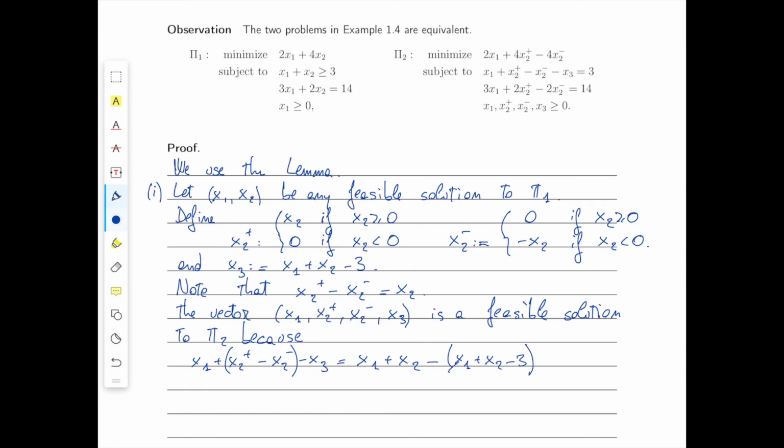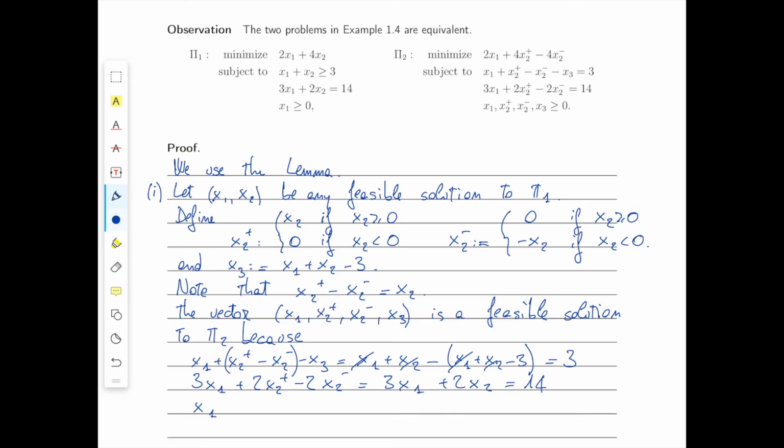And now x1 simplifies, x2 simplifies, and this is exactly equal to 3 as it should in the constraint. What about the second constraint? We have 3x1 plus 2x2 plus minus 2x2 minus, and this is equal to 3x1 plus 2x2, which equals 14 because of the feasibility of x1, x2 in the problem pi1.